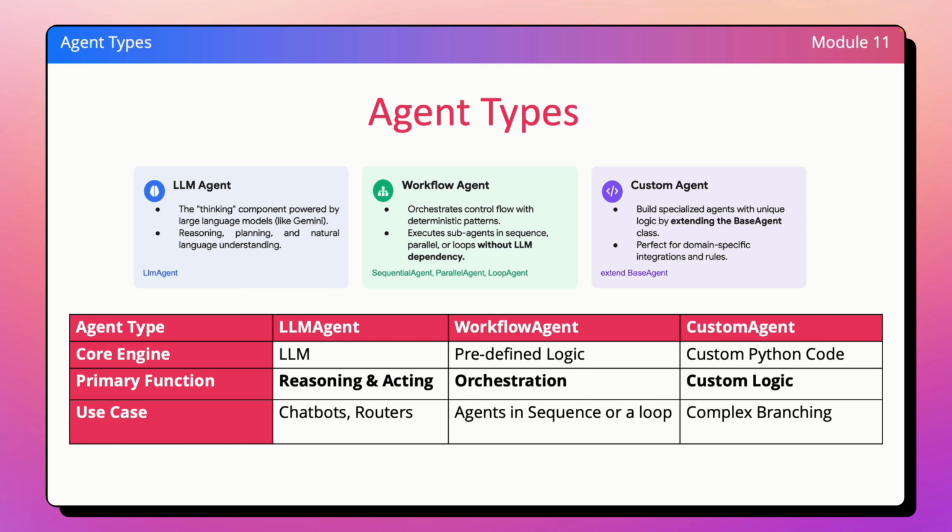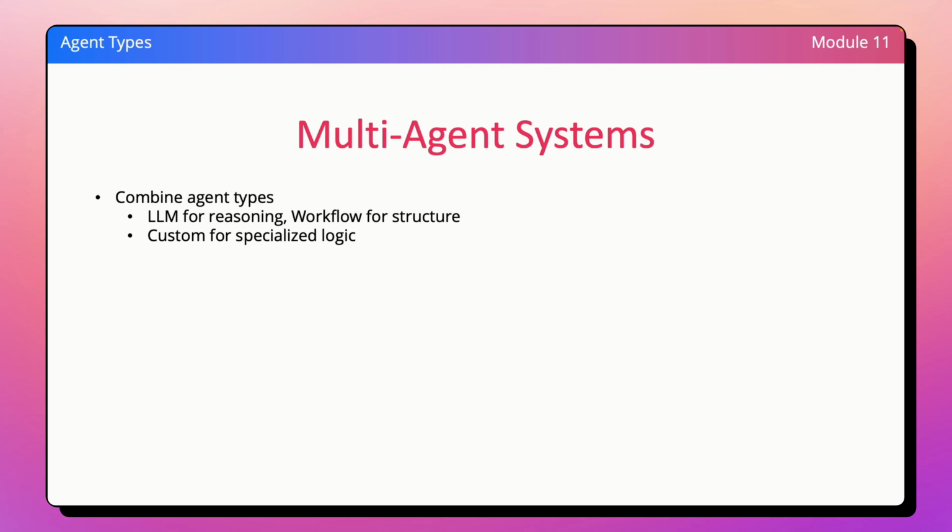And finally, custom agent is very powerful, but you have to do the heavy lifting by writing custom Python code. The primary function of this agent type is implementing custom logic. One of the use cases for custom agents is implementing complex branching that is not available in LLM agents or workflow agents.